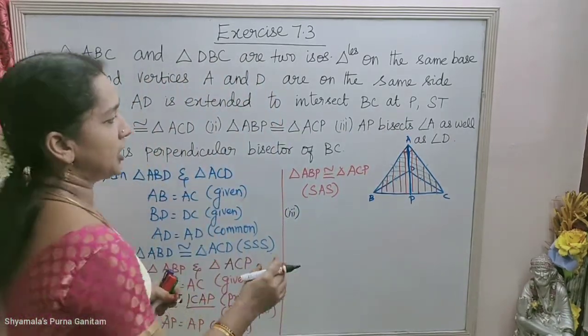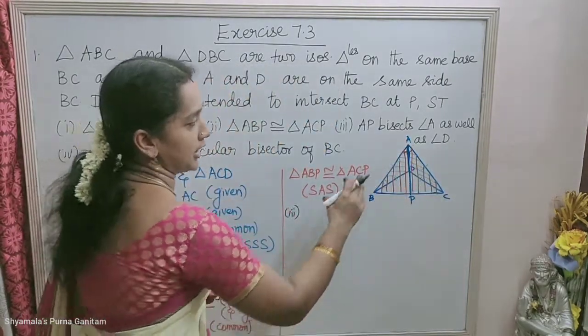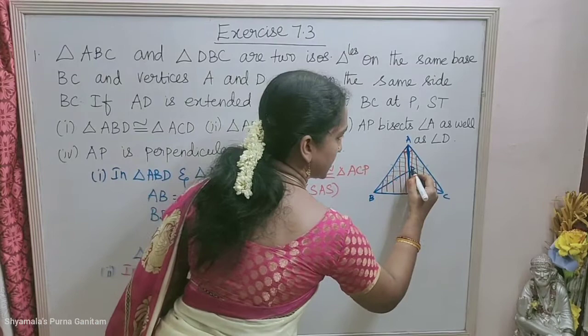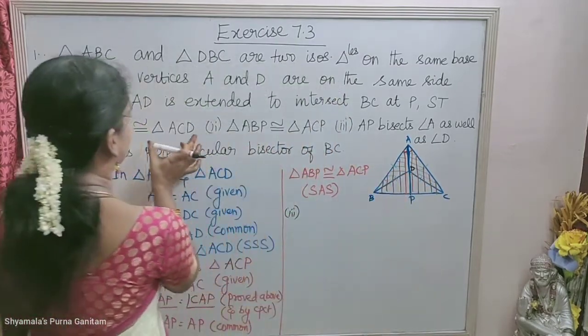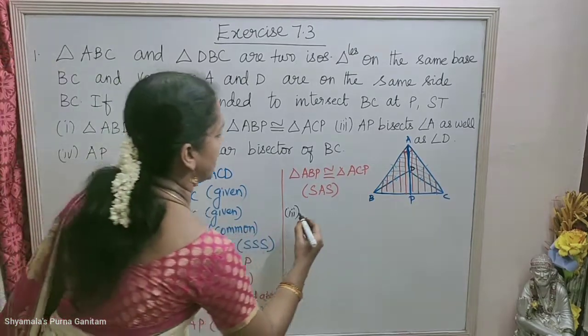Already we have proved that triangle ABD and triangle ACD are congruent.